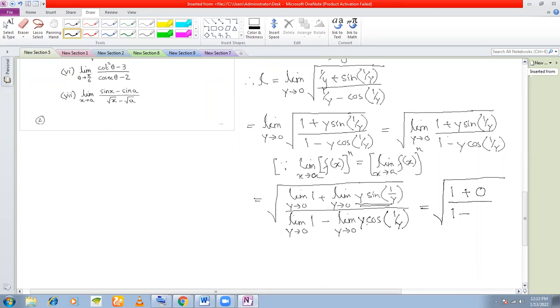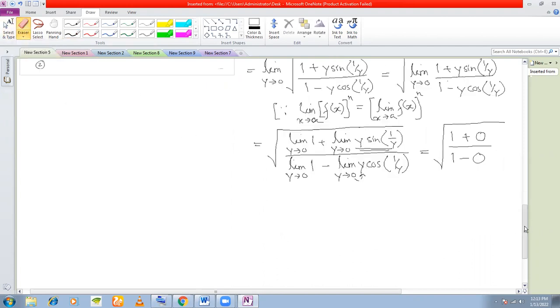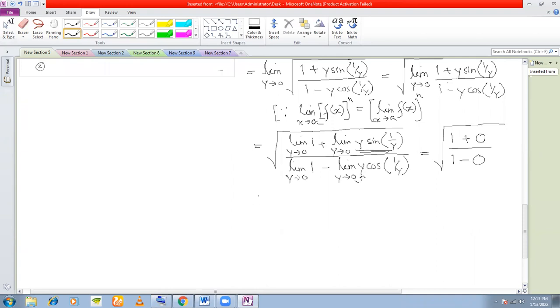Minus, and this, if you put y is equal to 0, again, this is also 0 into some finite quantity, isn't it? Cos 1 by y is also finite because cos also lies between -1 and 1, right? Yes, sir. So that is why this becomes root over of 1 plus 0 by 1 minus 0, which is equal to 1. And that's your answer. Okay. Next problem.